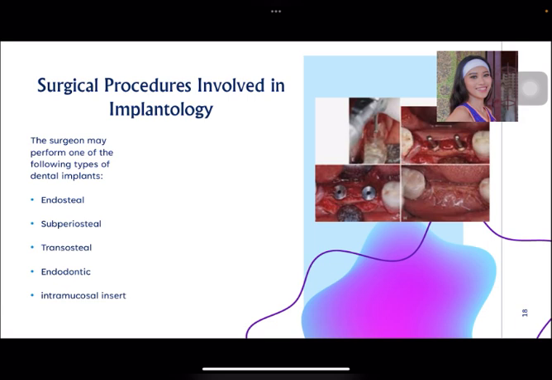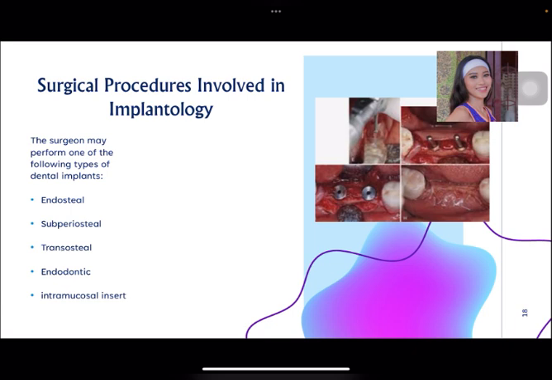So the other terms listed, endodontic and intramucosal insert, do not typically refer to types of dental implants. Endodontic relates to procedures involving the dental pulp and root canals rather than implants, and intramucosal insert might refer to a dental procedure involving the mucous membrane of the mouth but not specifically to implants.